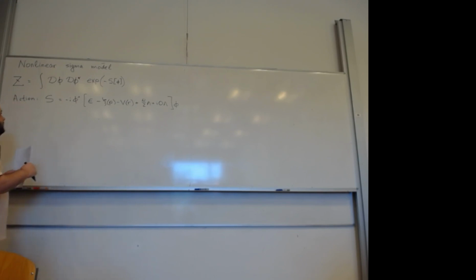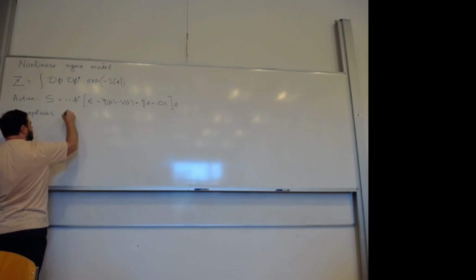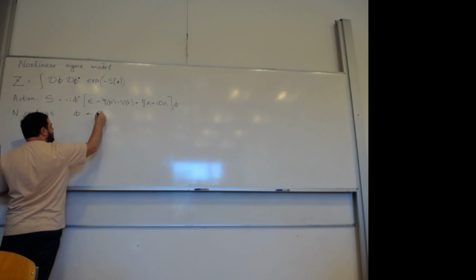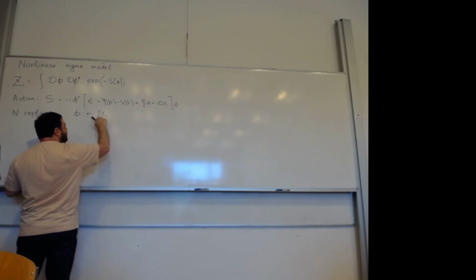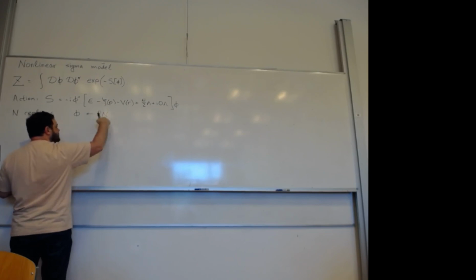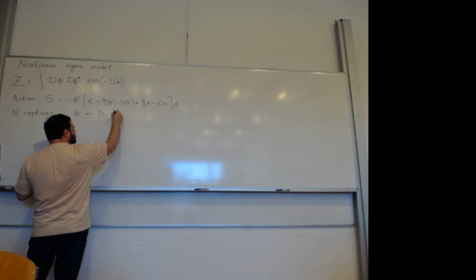And the important thing that I introduced in the last lecture is the replica trick. So we have in total N identical replicas of our disordered system. And the field phi has inside 2N components: one component for retarded, one for advanced, and this pair is repeated for every replica.